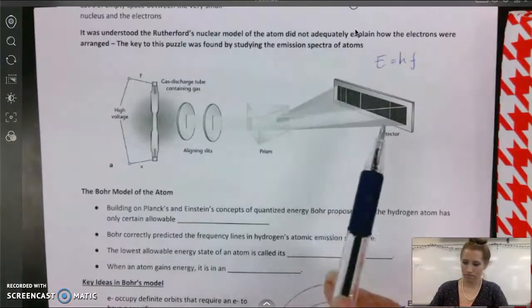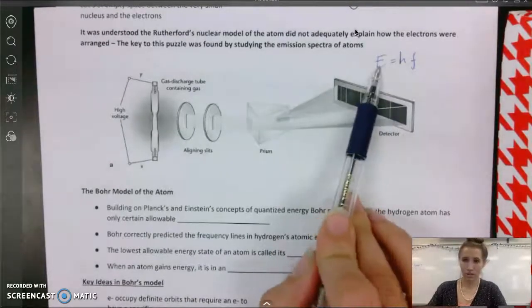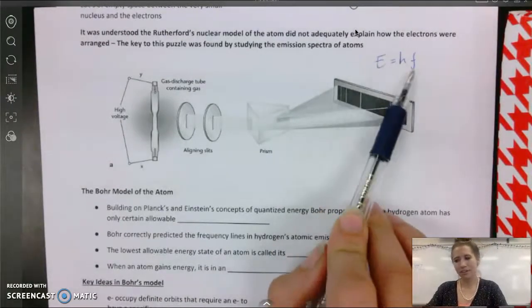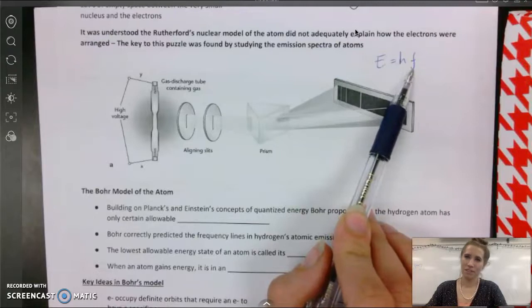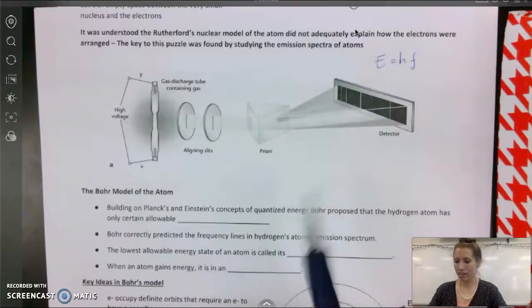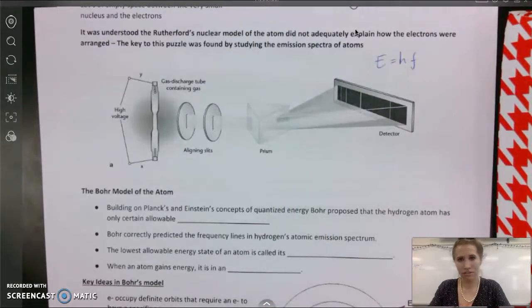Okay, remember, the energy of the photon is directly related to the frequency of the photon. And so frequency dictates the color of the light, right? Shorter wavelengths, which means higher frequency, are in the blue-violet range, and the longer wavelengths, lower frequency, are in the orange-red part of the spectrum.